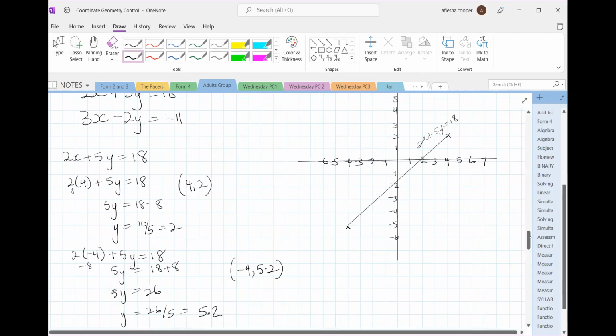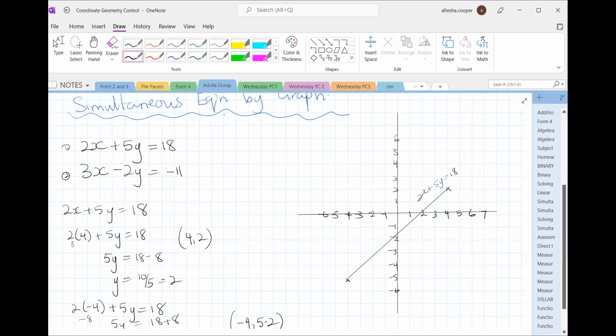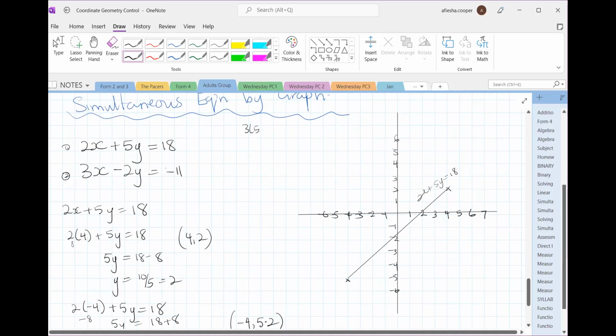All right, so what will we try for this one, the second one? X coordinate. Use 5. So 3 by 5 minus 2y is equal to -11. That's -2y is equal to -11 minus 15. -2y is equal to -26. Y is equal to -26 over -2, which gives me 13.